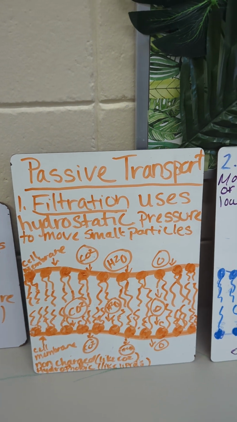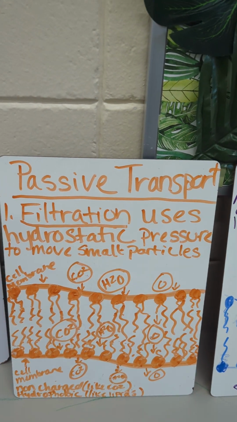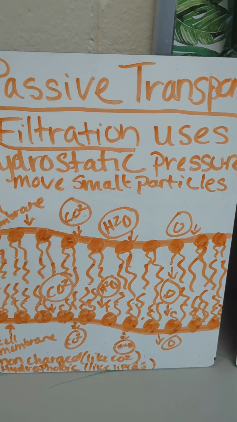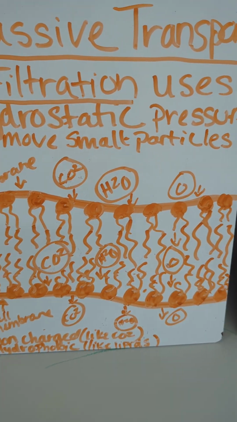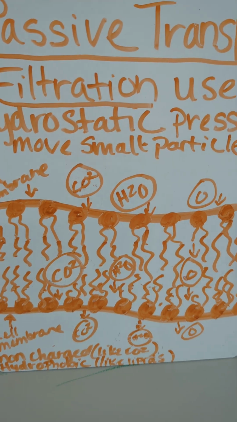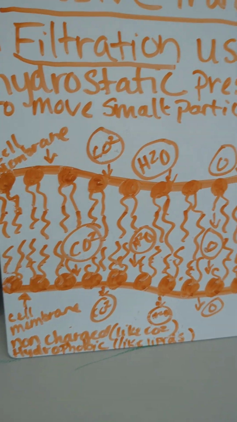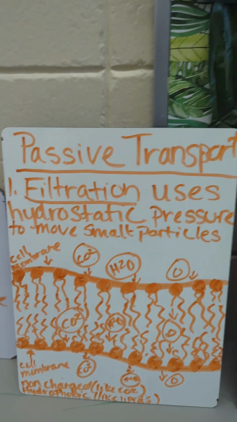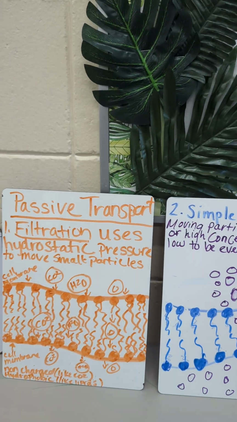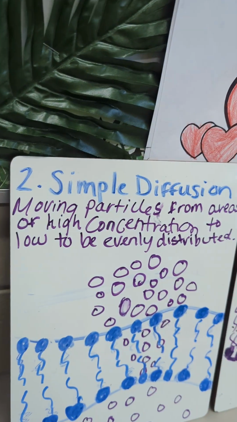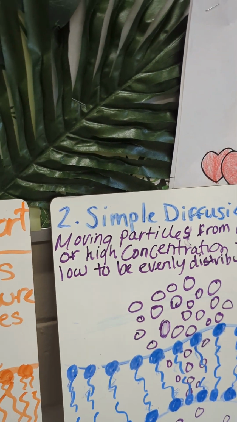Passive transport uses hydrostatic pressure to move small particles through the membrane. So it just kind of slips on through to the other side. Water drives the particles across the membrane. Next, we have simple diffusion.